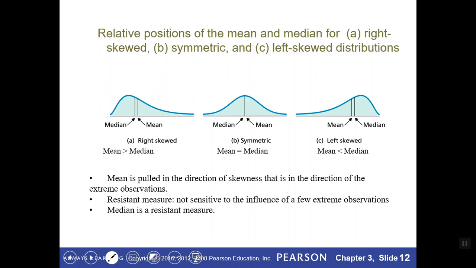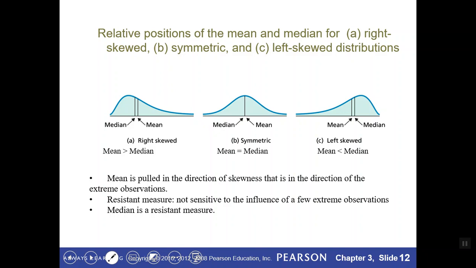If mean and median are equal, we call it symmetric. Picture B. If mean is less than median, we call it left skewed.